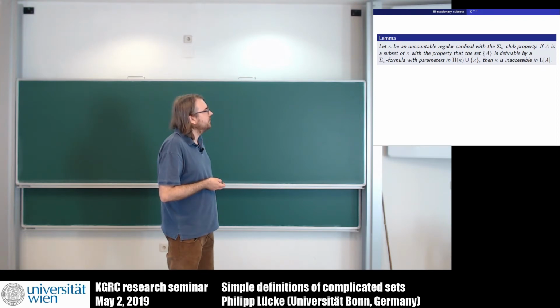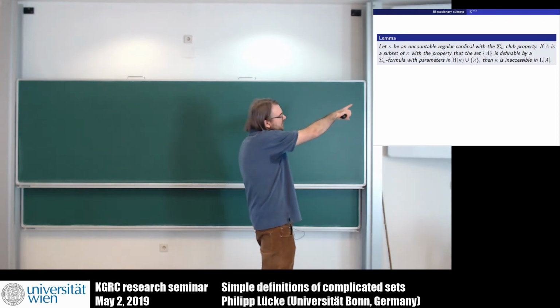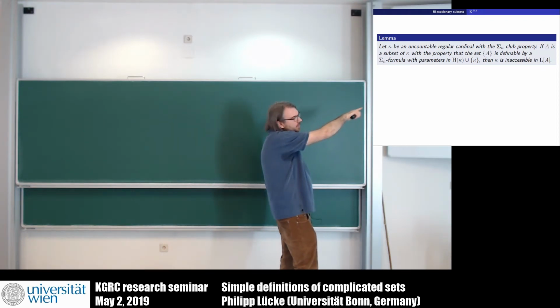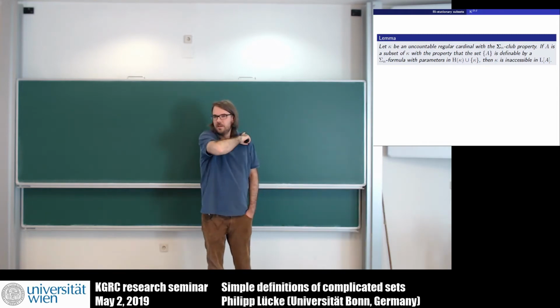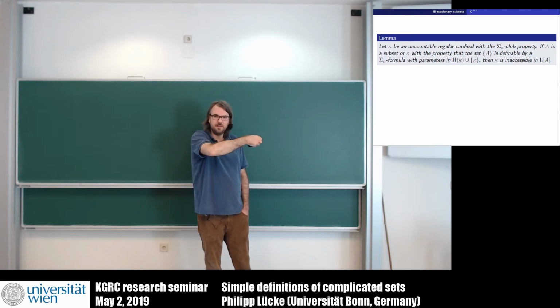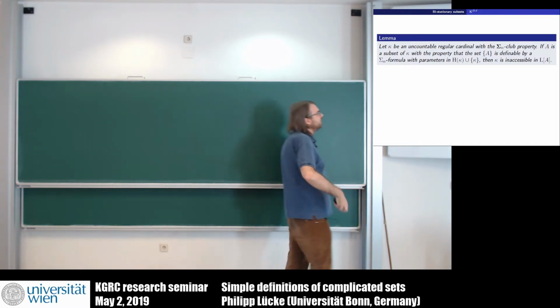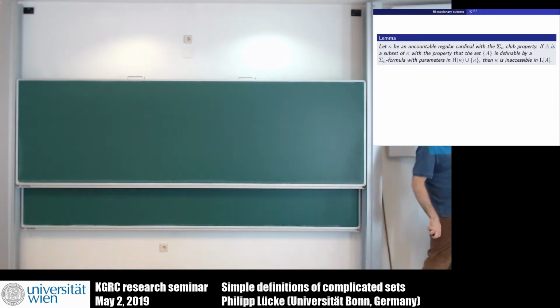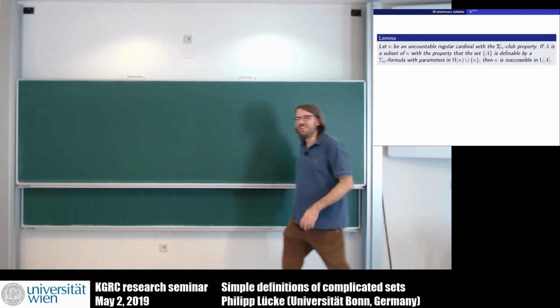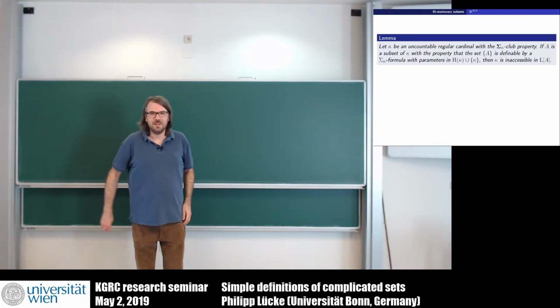And once you have inaccessible, you can get Mahlo there, because there's a result of Todorcevic that says if you're inaccessible, then you are Mahlo if and only if there are no special Aronszajn trees. But the first special Aronszajn tree in L[A] is Σ1 definable, if A is Σ1 definable.